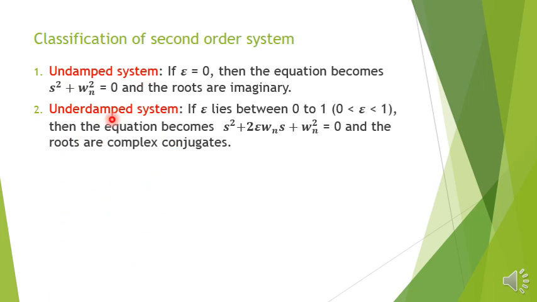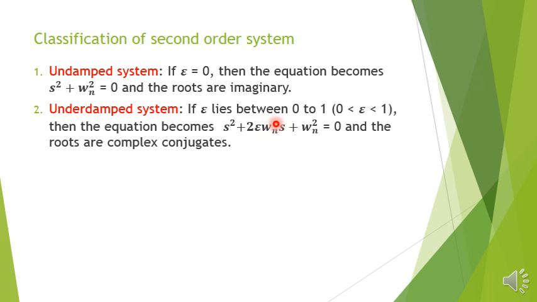Next is the underdamped system. In this case, zeta lies between 0 and 1, greater than 0 and less than 1. Then the equation remains the same, but this factor 2 zeta omega n s is less than the requirement.